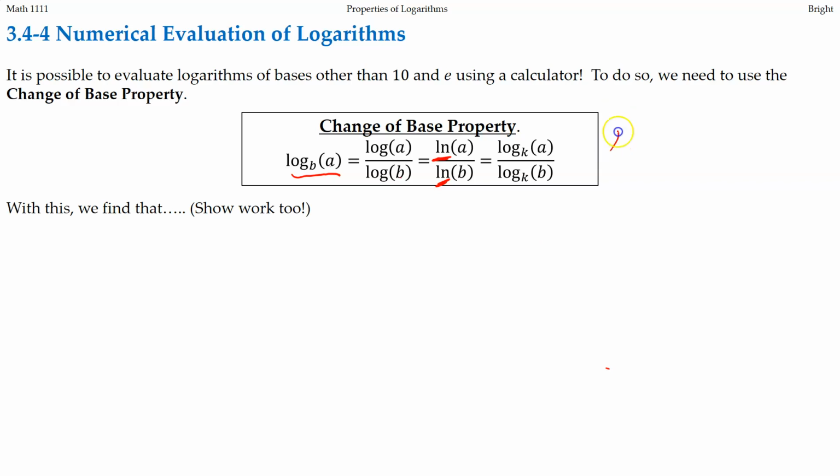Students like to confuse this with the quotient or difference property. So they say, oh, if we have something like this, we can write that as log base b of x over log base b of y. But that's actually not true. Again, look at what this would say. This is not true.